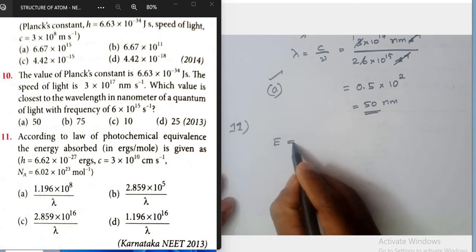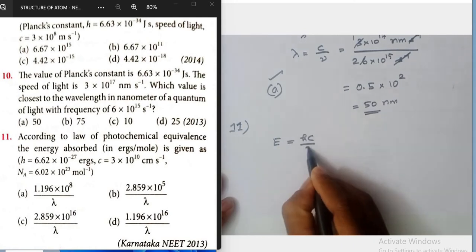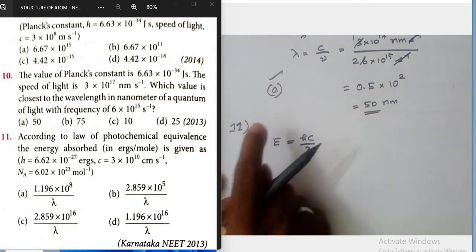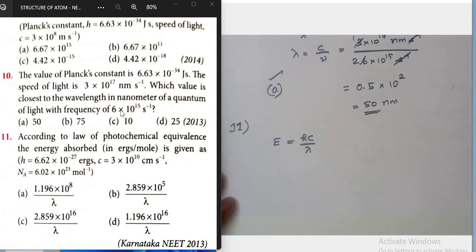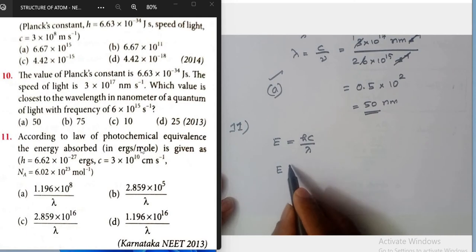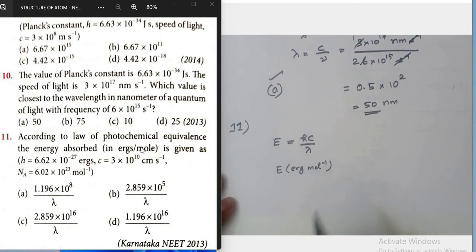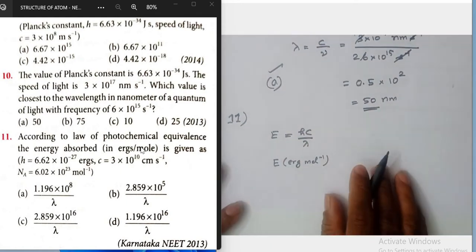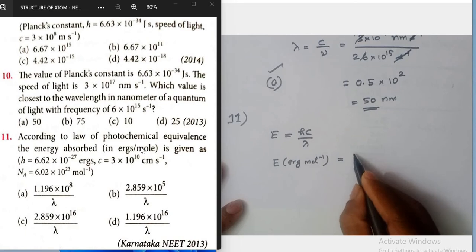See, student, E is equal to hc by lambda will give you the energy of 1 photon. But here they are asking energy for 1 mole of photons, erg per mole. If you want energy per mole, you have to multiply by Avogadro number, that's all.